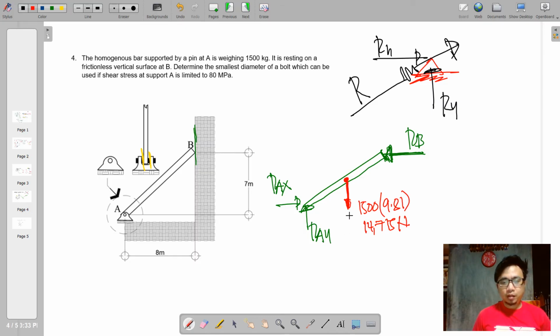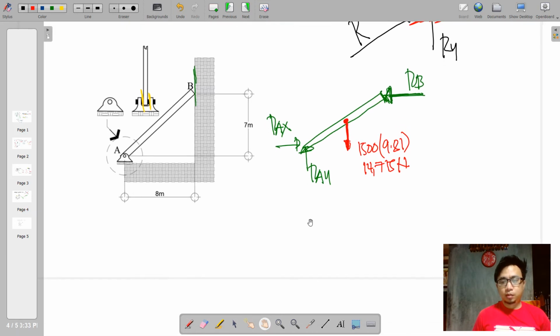So next, RAY could be readily solved because we can see here that there are only two vertical forces. Therefore you can just say summation forces y is equal to 0.